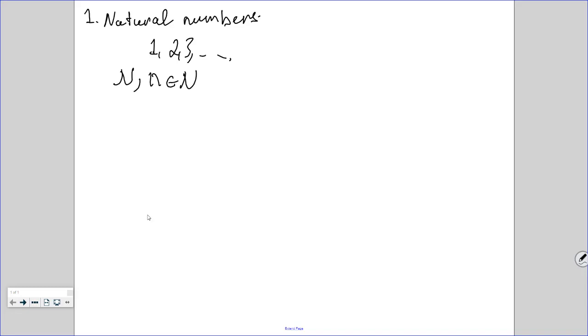Since the natural numbers are sometimes limiting, we enlarge them by joining the negative integers and 0, and we call it the integers, denoted by Z. In some problems, we want to deal with division.